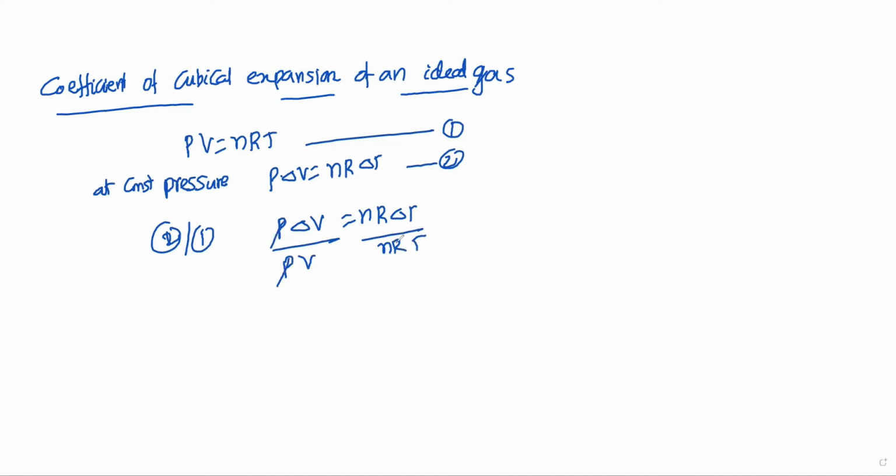So P will be cancelled, nR will be cancelled. Finally, delta V by V is equal to delta T by T. So delta V by V into delta T is equal to 1 by T. So gamma is equal to 1 by T.